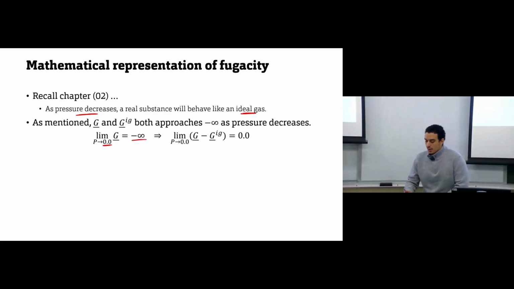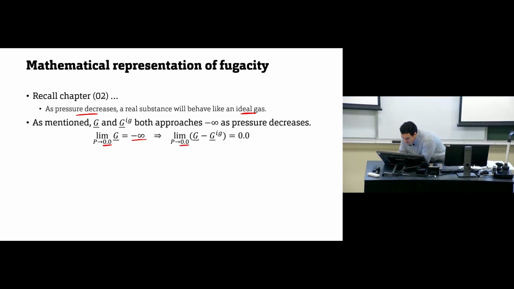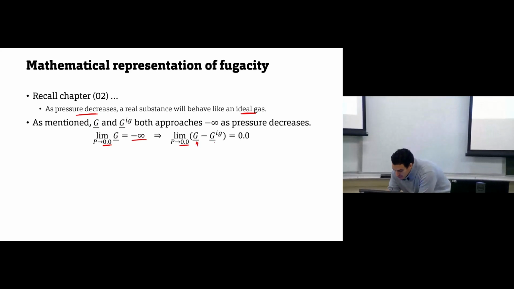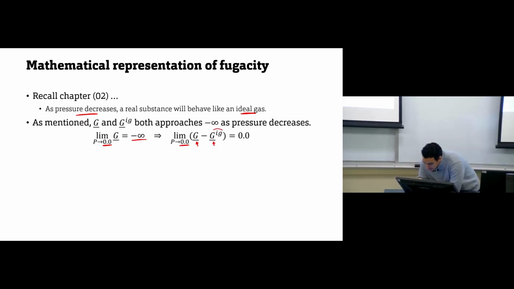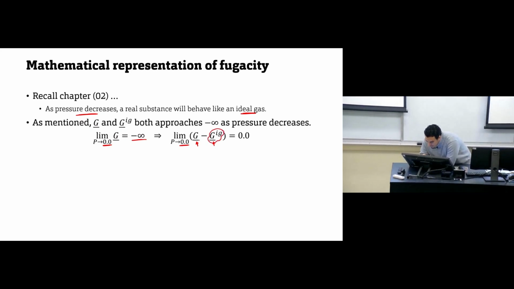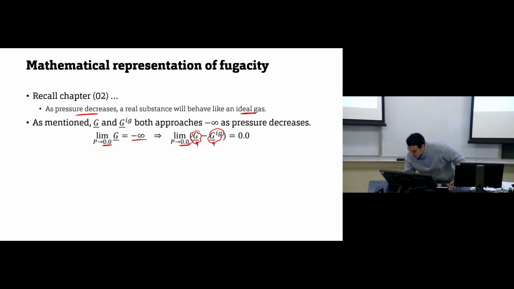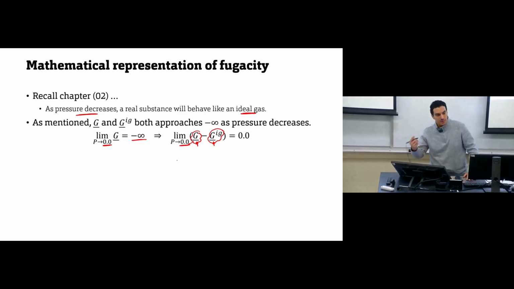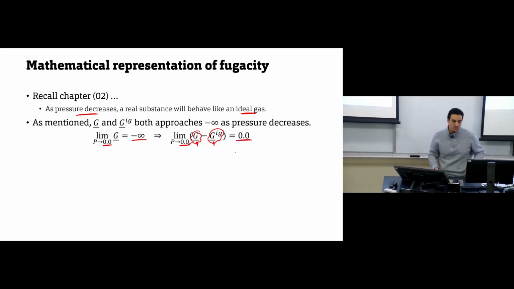So if we take the limit as pressure tends to zero of molar Gibbs free energy for a real substance minus molar Gibbs free energy for an ideal gas, then for an ideal gas the pressure is automatically low, and for a real gas when pressure equals zero, the substance will behave as an ideal gas. So the difference at very low pressure is equivalent to zero.